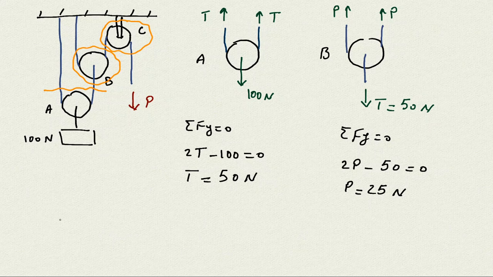So if I come here and draw the pulley C, then what I have here is the ropes, the two ropes that I would cut, so both of them going down, and then I have the support here itself.